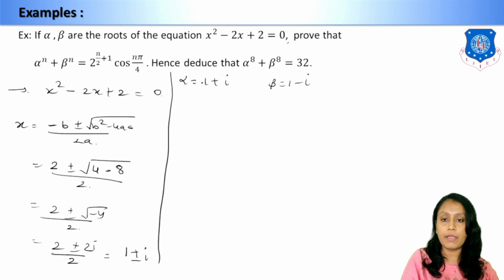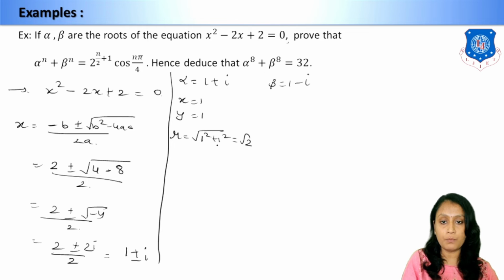Now compare this with x plus iy. So x is 1, and y is 1. So let's find r. r is under root x square plus y square, that is 1 square plus 1 square, that is under root 2. And x and y both are greater than 0, so this lies in the first quadrant.